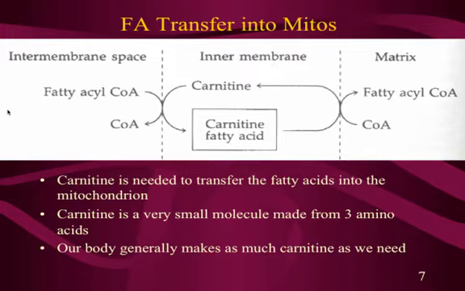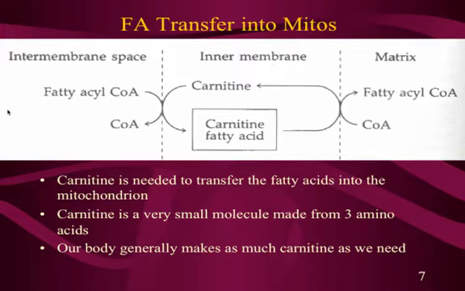So if we kind of look in detail, here's the inner membrane of what? Mitochondria. So here's the matrix. Here's the intermembrane space. So essentially we're right here. For that fatty acid to get through the inner membrane, there's an exchange that takes place. Coenzyme A doesn't go through that inner membrane.